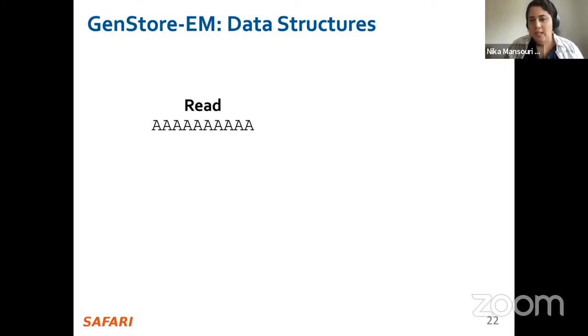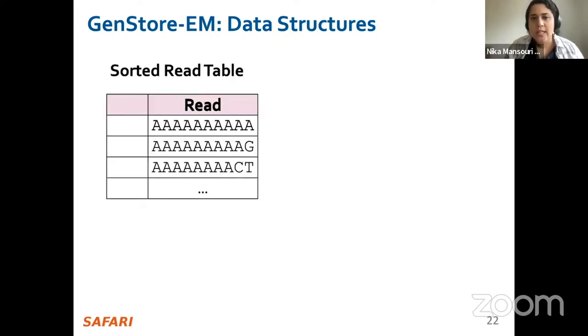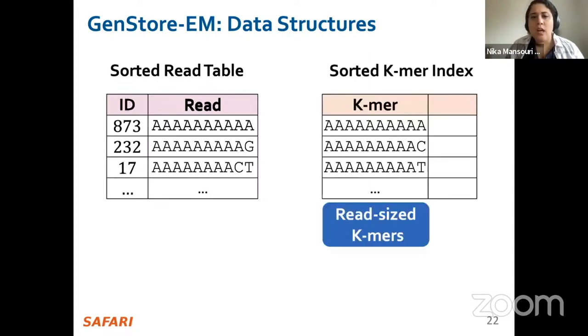Suppose that we have two data structures: a sorted read table, each entry of which stores a read and its unique ID, and a k-mer index, which contains all unique read-sized k-mers of the reference genome. If you remember, initially when I was giving the background, I talked about the k-mers that we extract from the reference genome. Here, again, we do the same, but here the k-mer is bigger.